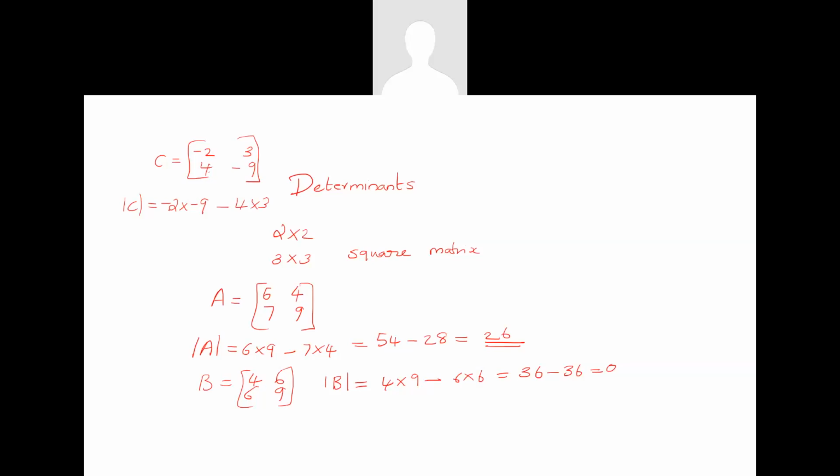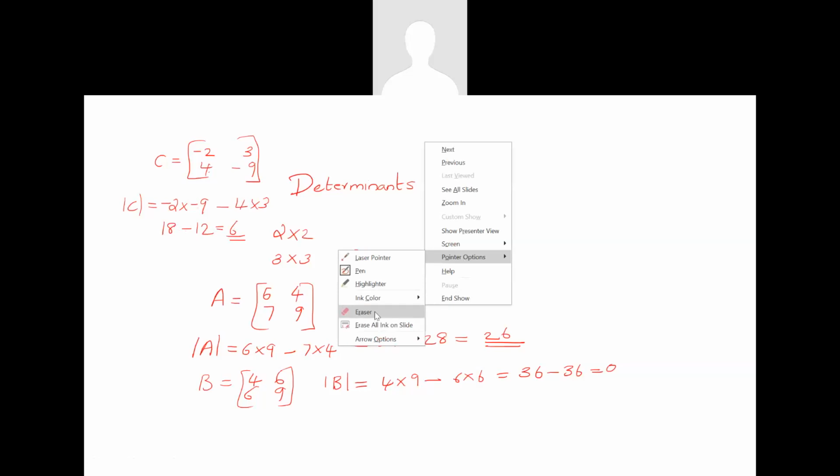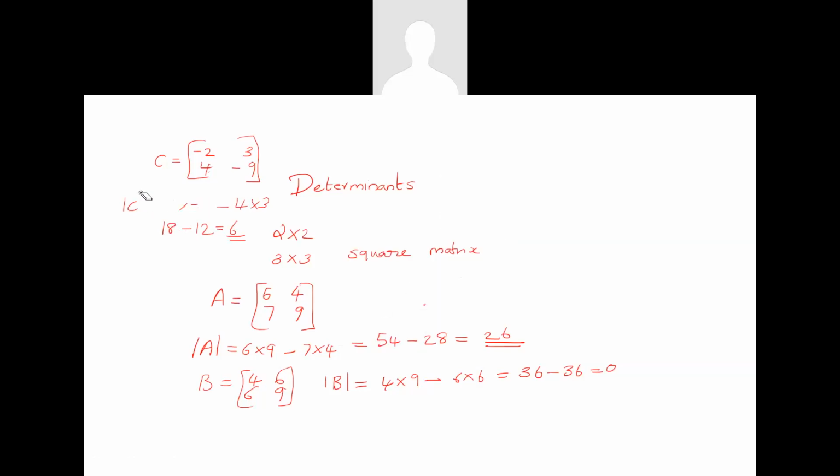You know that minus 2 into minus 9, two minuses, it becomes plus. So you get 18 minus 4 into 3 is 12. So you get 18 minus 12 is equal to 6. So this is how you compute determinant in the case of a 2 by 2 square matrix.